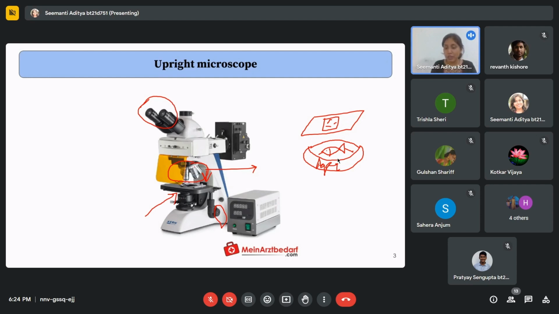For imaging like this, we don't need a better resolution. Our main purpose is not to get proper resolution. We don't want to see mitochondria, ER, or other organelles.